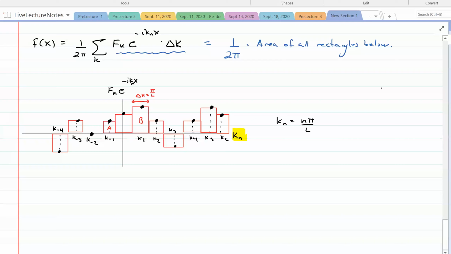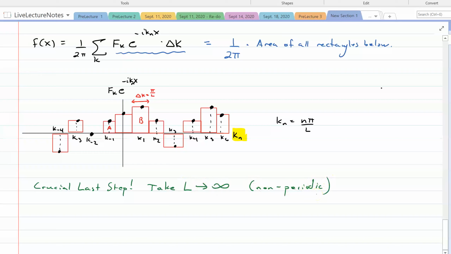But now we can do the amazing last step. The amazing last step is, what happens if L goes to infinity? Take the limit, L going to infinity, which is a non-periodic function, right?